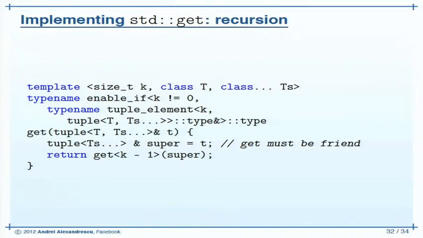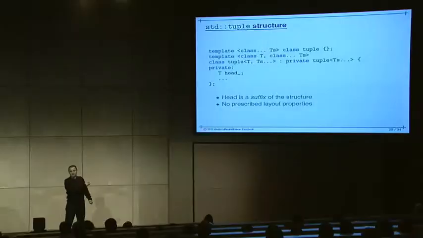Right? Now, here's a subtlety. There's all this business with I'm taking the super and all this stuff. Here's what happens. Remember when I define the layout, I very carefully use private inheritance here. Which means whenever I have a tuple of 5 elements, it's going to inherit the tuple of 4 elements and it's going to add something to it.